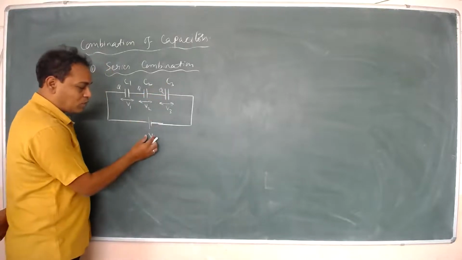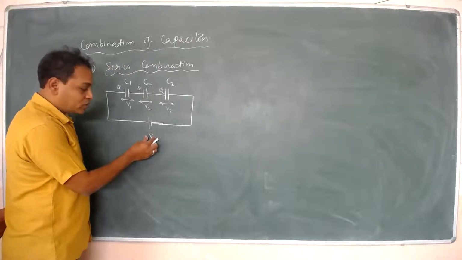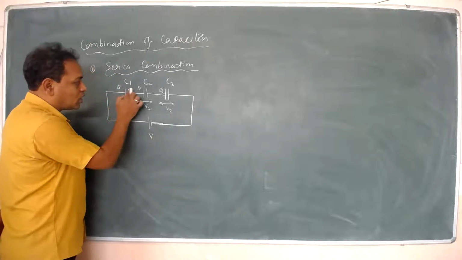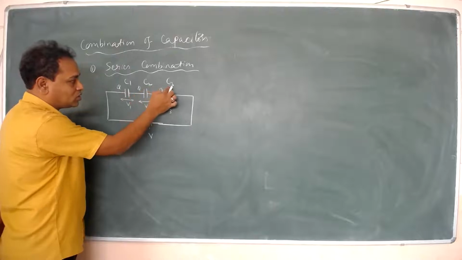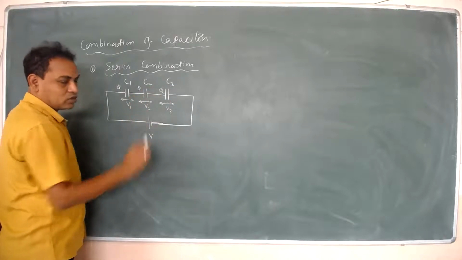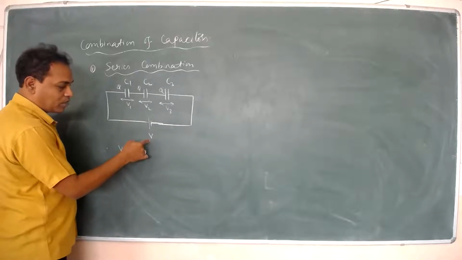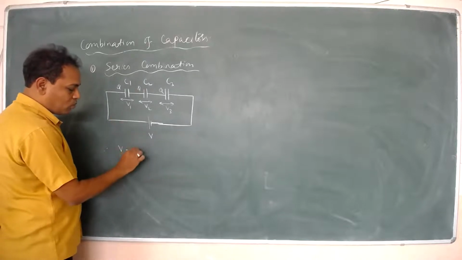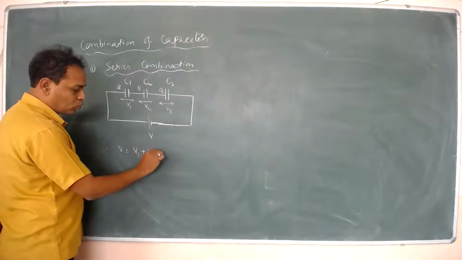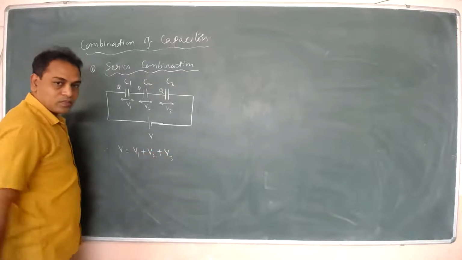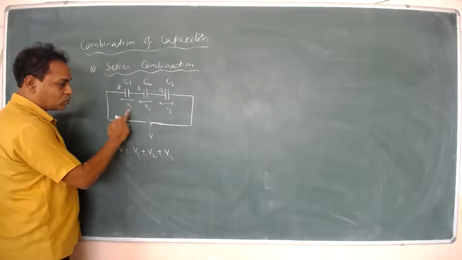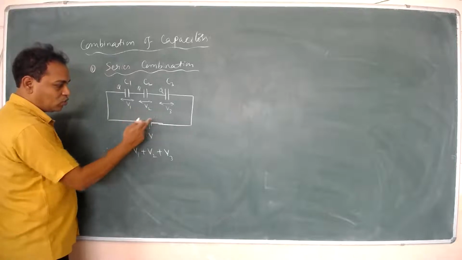Therefore, the potential V you have supplied is used to store the charges on the three capacitors as V1, V2, and V3. So V is equal to the sum V1 plus V2 plus V3. Whatever you have supplied is equal to these three added together.